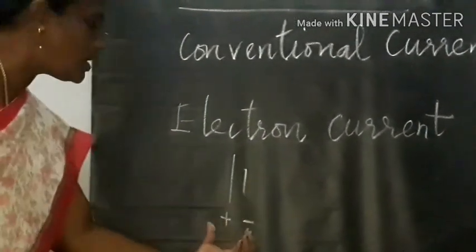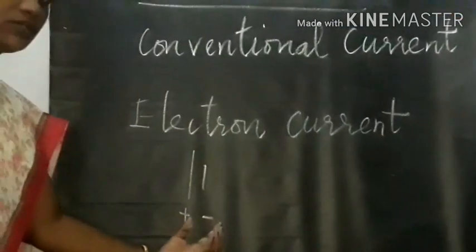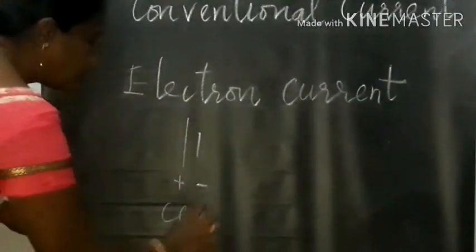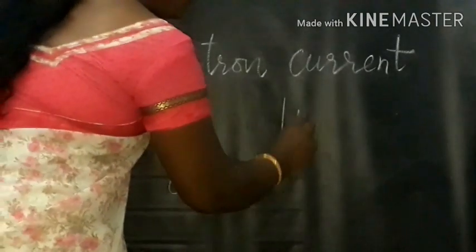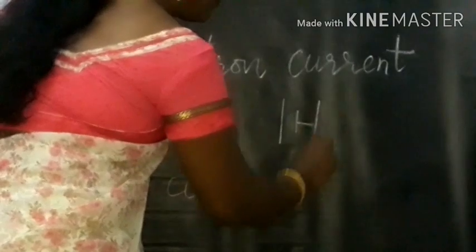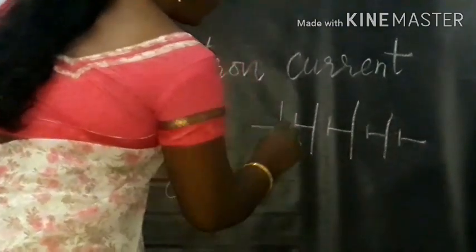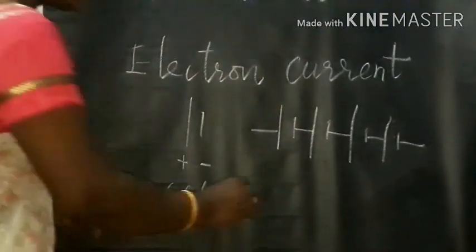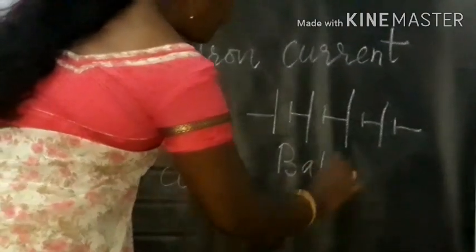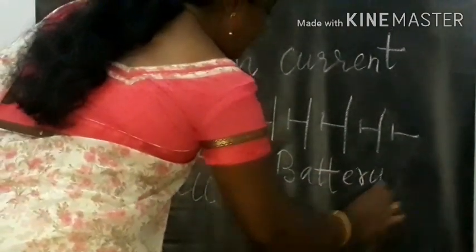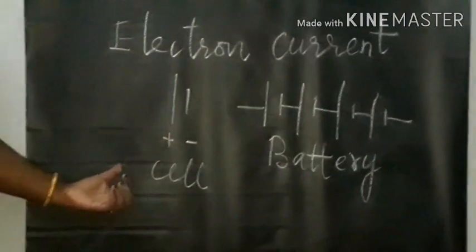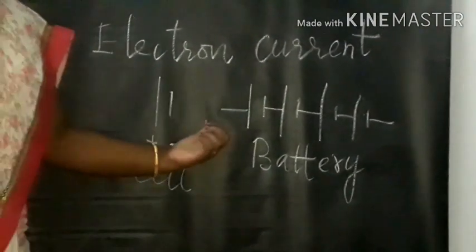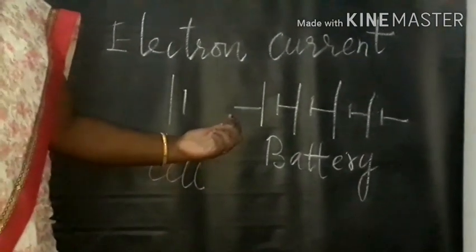This one part, a positive terminal and a negative terminal, is called a cell, and a group of cells is called a battery.